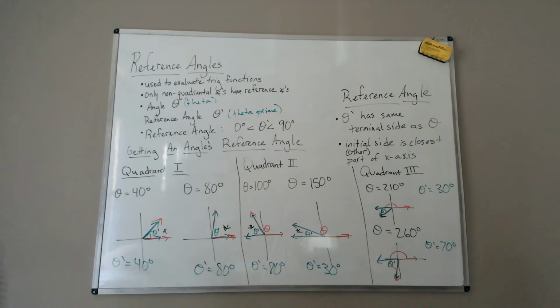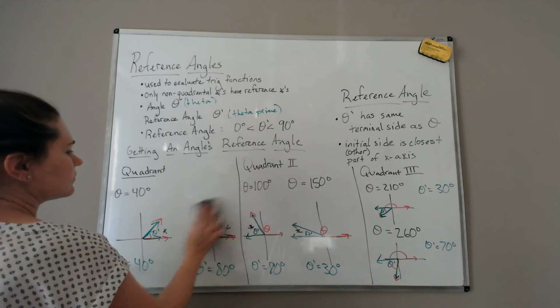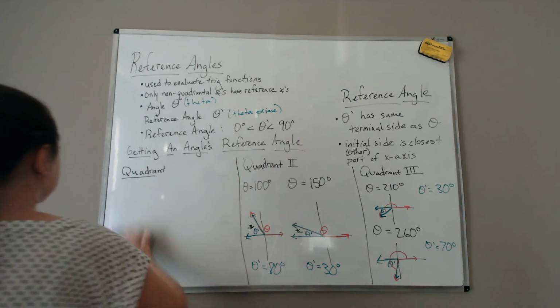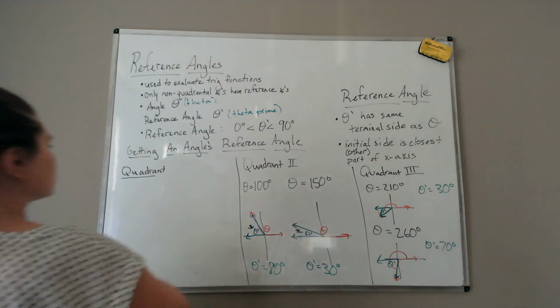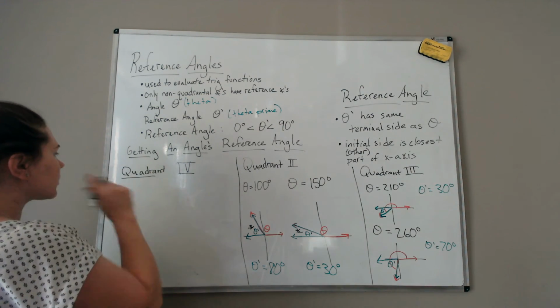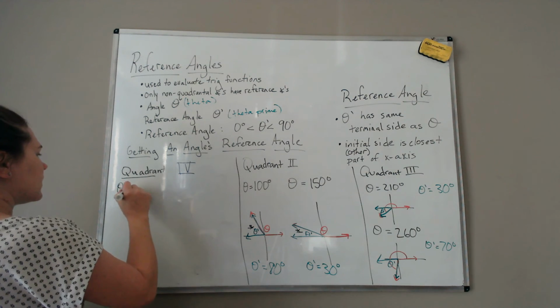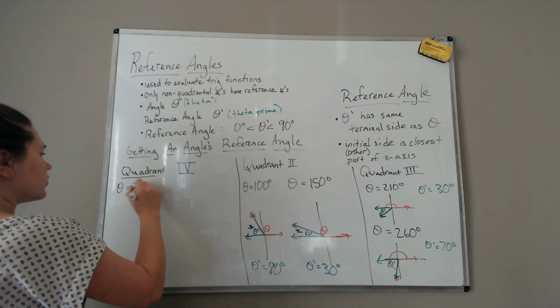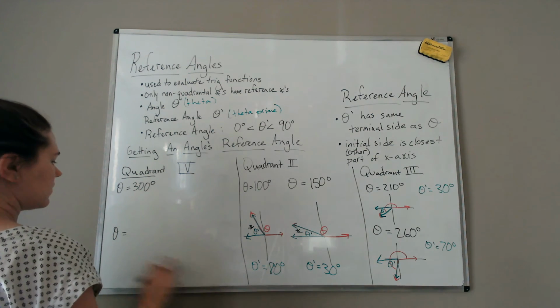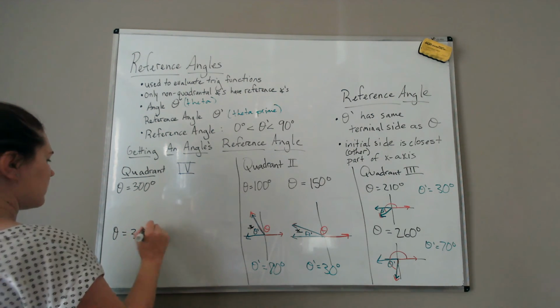So now let's do quadrant 4. We'll do theta equals 300 degrees and theta equals 310 degrees.